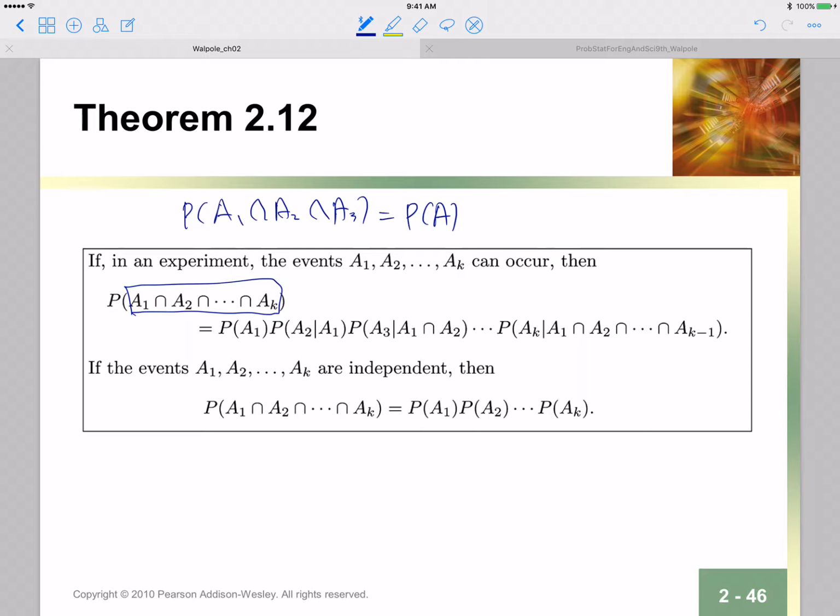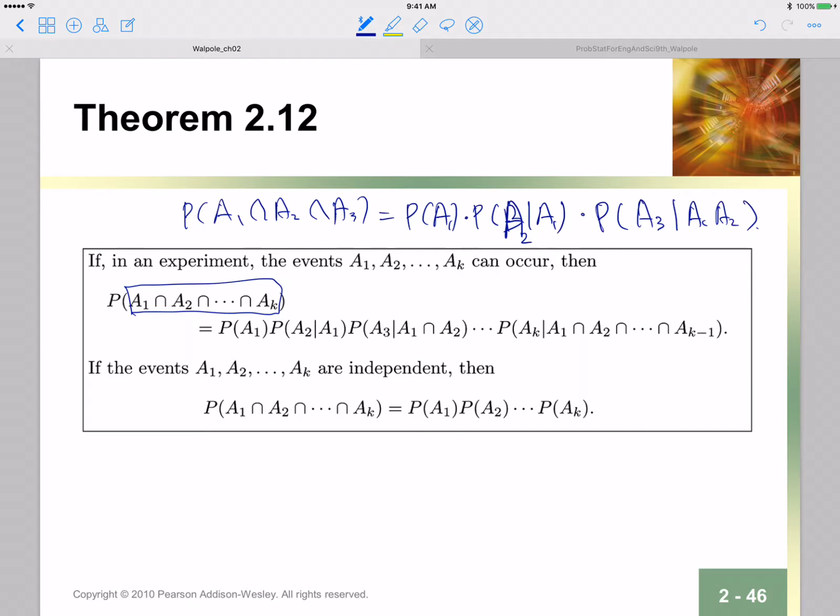First, A1 happened, without knowing whether B or C happened or not. Then, given A1, A2 happened. Sorry, this should be A1 and A2. And then the third situation is that A1 and A2 happened, and then A3 finally happened.